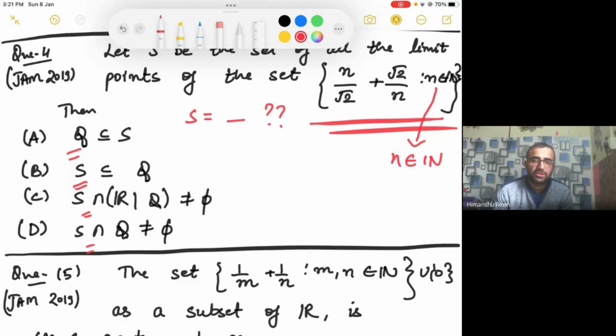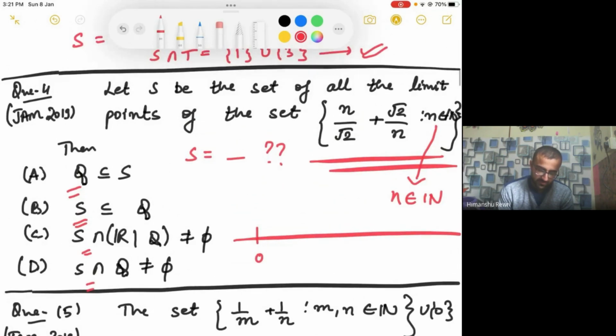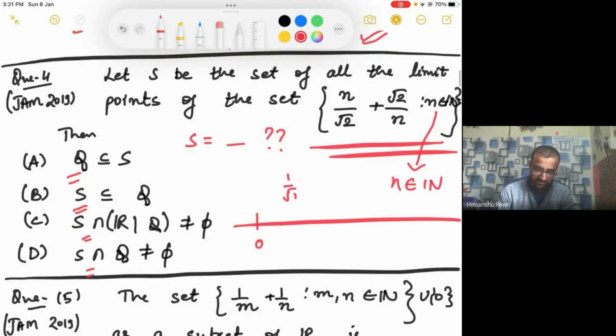Okay, so let me give you a hint for this question number 4. Try to plot this on the real line. Now tell me what do you see and what can you comment about this question? Say 0 is here. Then for n equals 1, we have 1 divided by root 2 plus root 2 divided by 1.